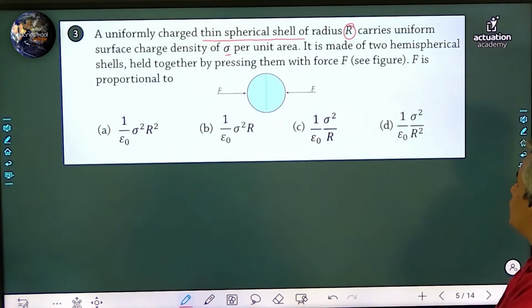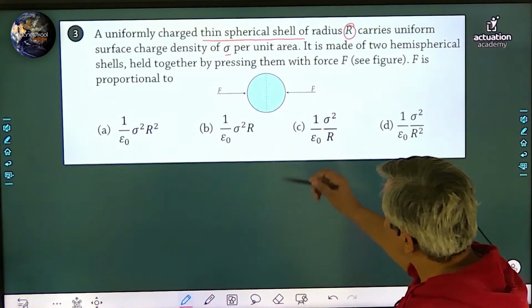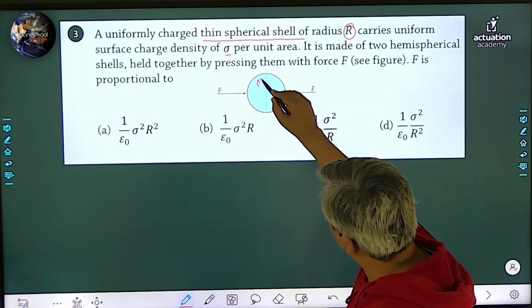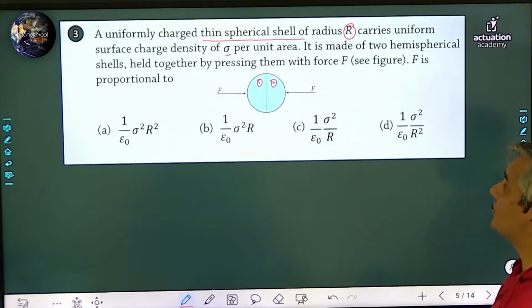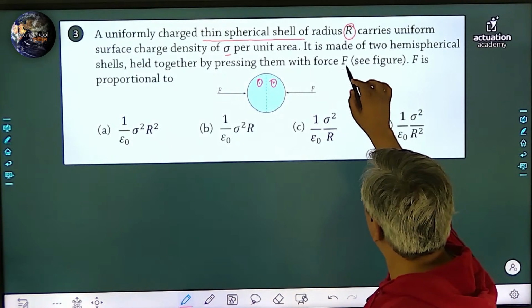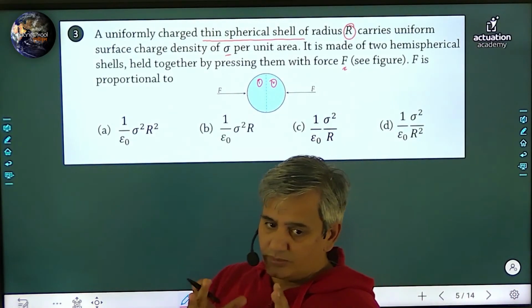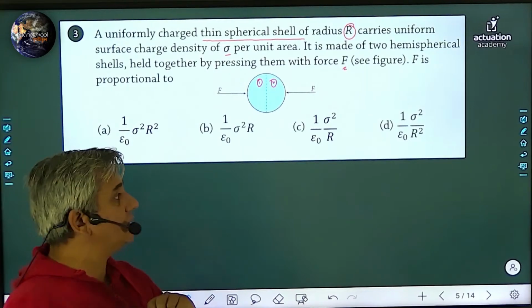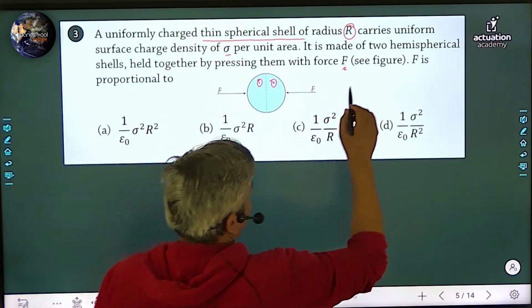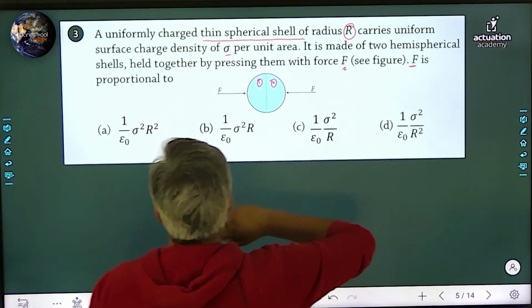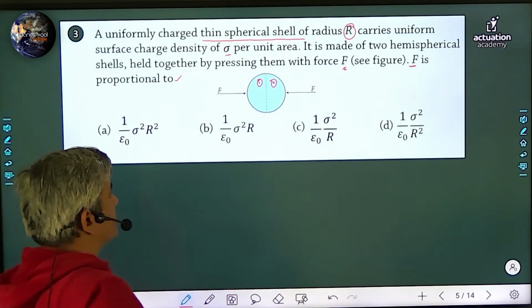It is made up of two hemispherical shells. So these are two hemispherical shells, 1 and 2. They are held together by pressing them with a force F. So there are two hemispherical shells which we have pressed together using force F, and we need to find out what F is proportional to.